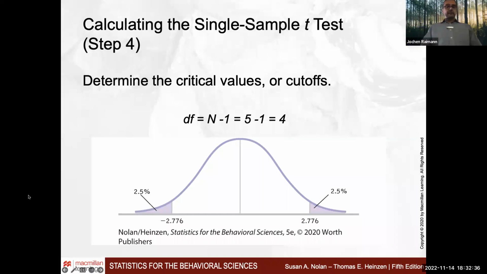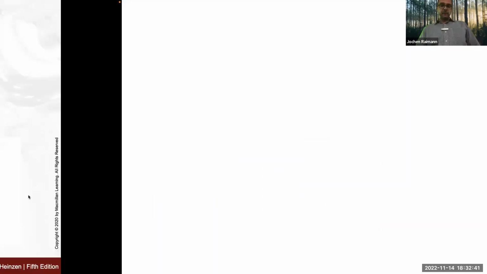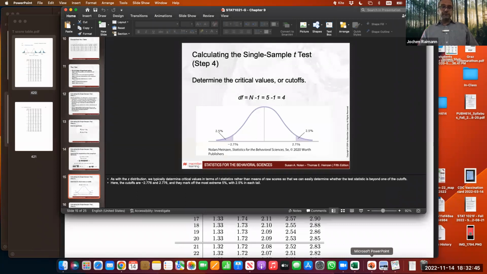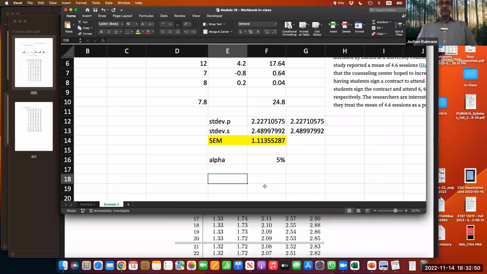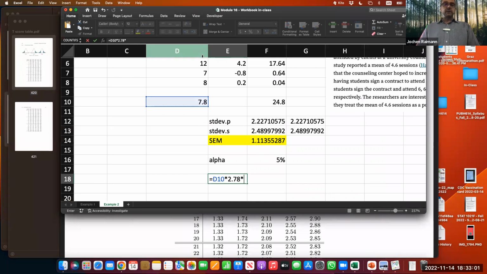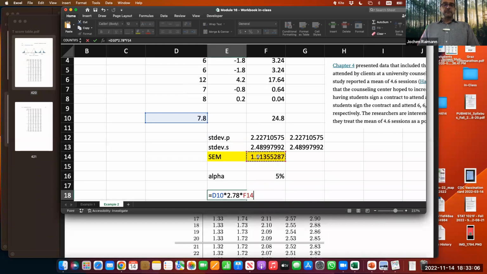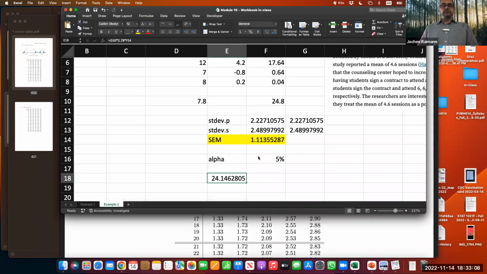And now calculating a 95% confidence interval is easy. The only thing we have to do with the same formula, so we have a sample mean of 7.8. So it's now 7.8 plus 2.78 multiplied by our standard error of the mean. That would be the positive.